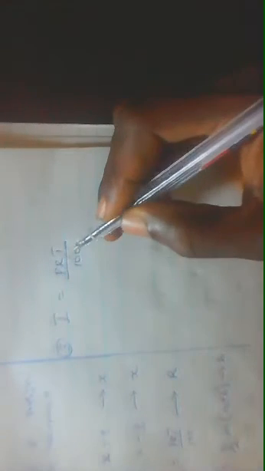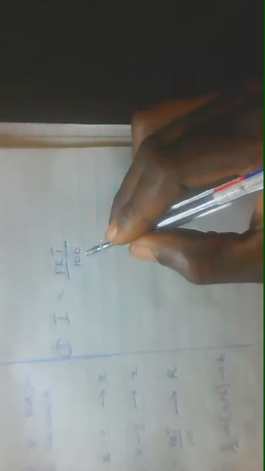Okay, now the next question here is number 3. I is equal to PRT divided by 100. Now when you have a term being divided by a value or another term, first of all, you multiply both sides of the equation by this, or the LCM of both sides.